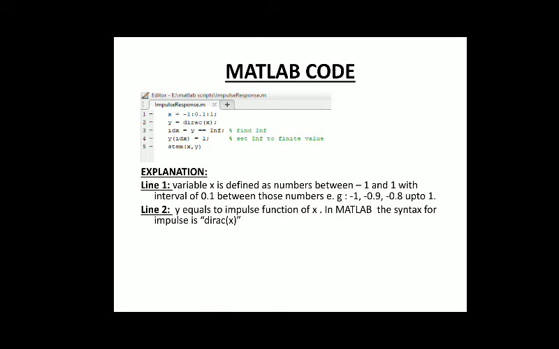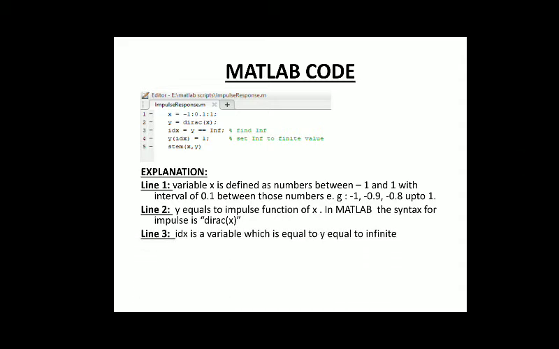In line 2, we can see y equals impulse function of x. In MATLAB we don't write impulse function, we write dirac(x) to represent the impulse function. So in MATLAB the syntax for impulse is dirac within first bracket x.